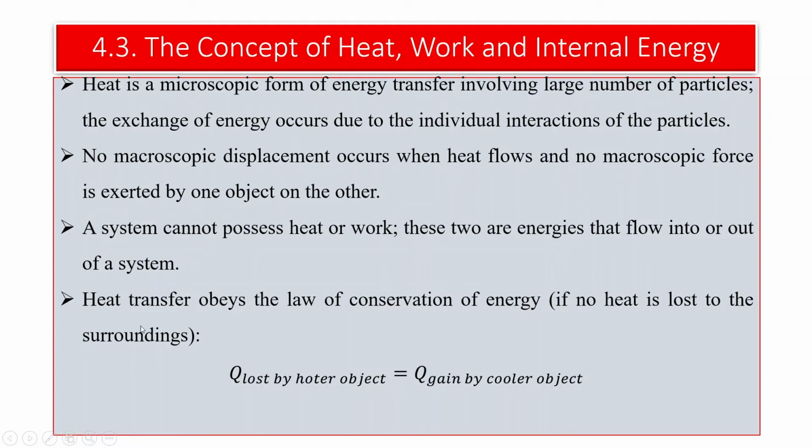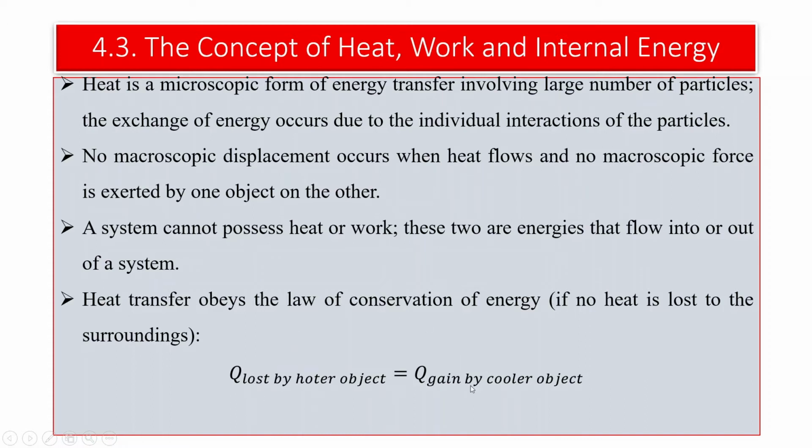Heat transfer obeys the law of conservation of energy. If no heat is lost to the surrounding, or in general during the loss and gain, if one system loses energy, the other system will gain energy.